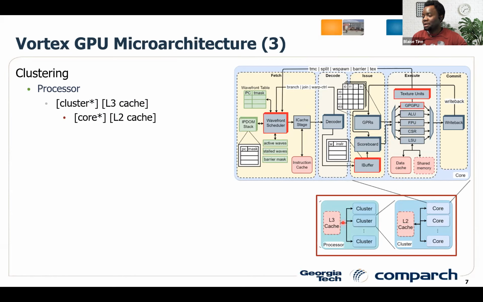So at the highest level, the processor can have multiple clusters, all of which can optionally be attached to an L3 cache. And each cluster can have a certain number of cores attached to it, and also connected to one L2 cache to access memory.